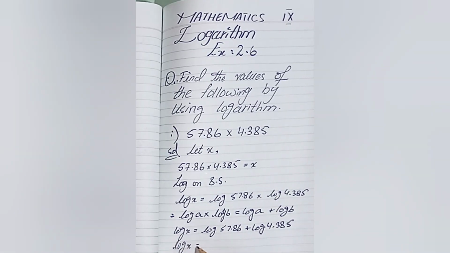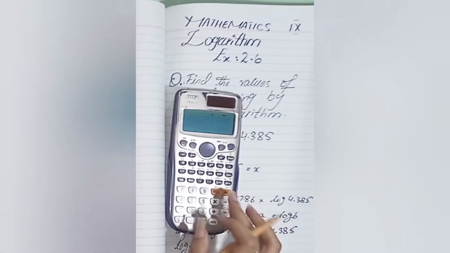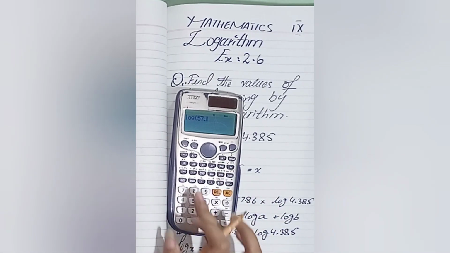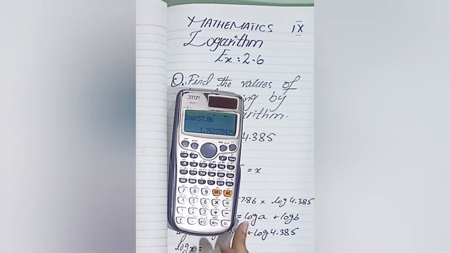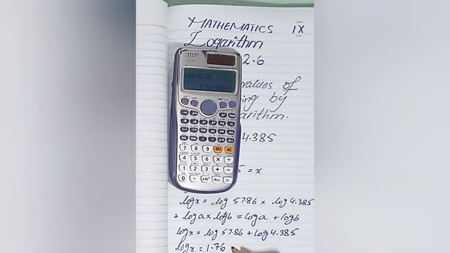Log x is equal to, we have to find log 57.86. So log 57.86 is equal to 1.76.